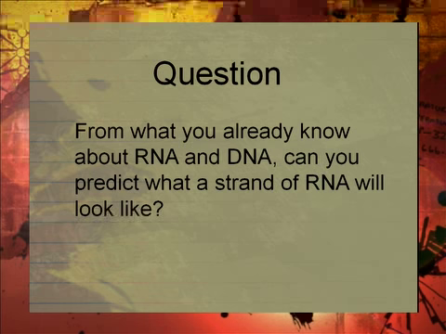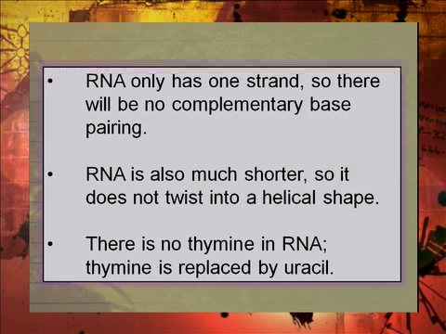Now, from what you already know about RNA and DNA, can you predict what a strand of RNA would look like? Well, I think you could already be able to tell me some things. RNA, we said, only has one strand, so you won't find any complementary base pairing.